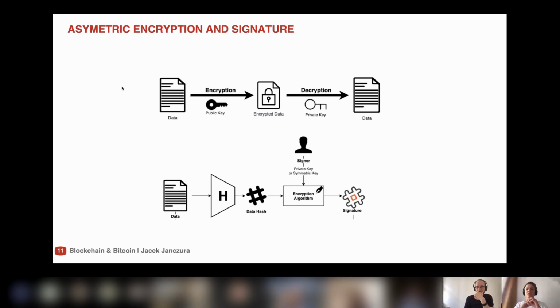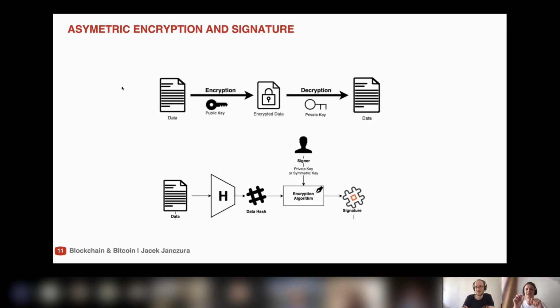So we know that when someone encrypted some kind of data with a private key, this person had this data before, because only this person can do it. And what is a signature? It's super simple. We take a piece of data, we hash it, so the data cannot be later modified, and we sign the hash.